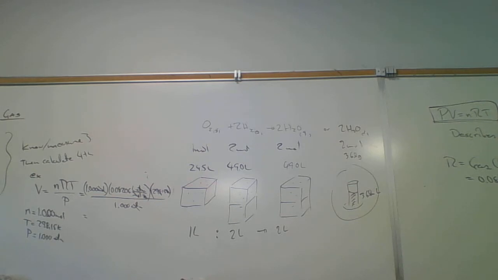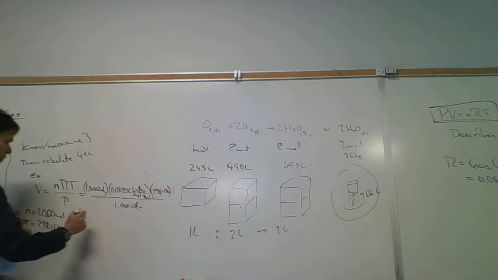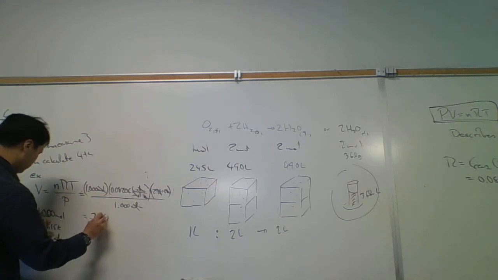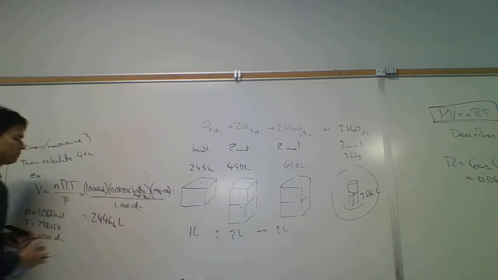So let's go ahead and calculate that. It's going to be 0.08206 times 298.15, which is 24.466 liters.